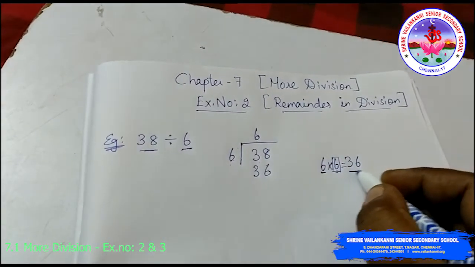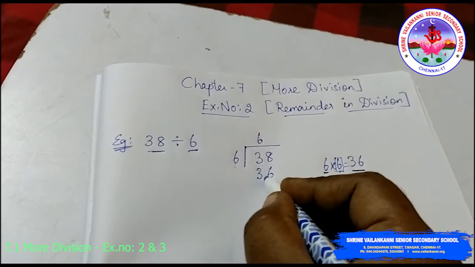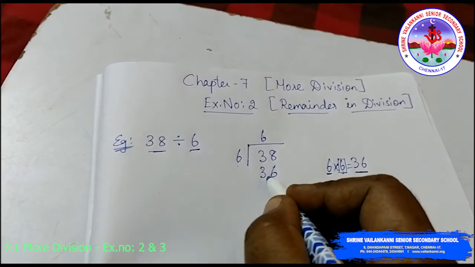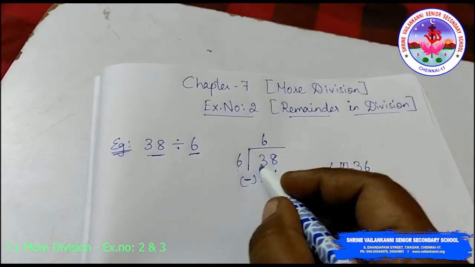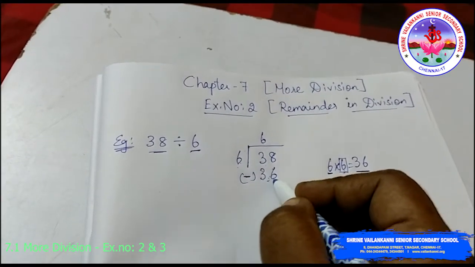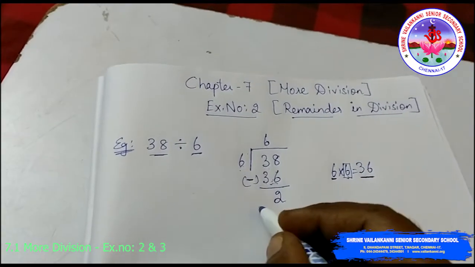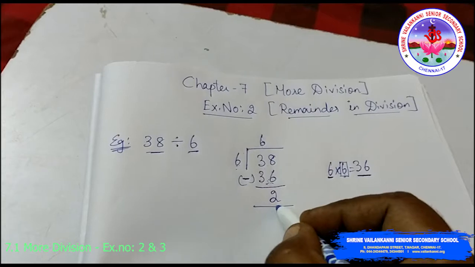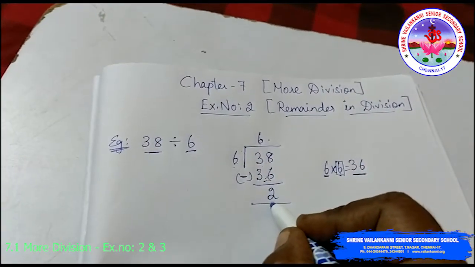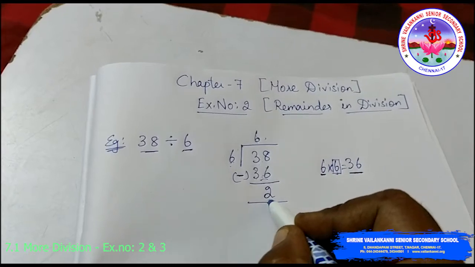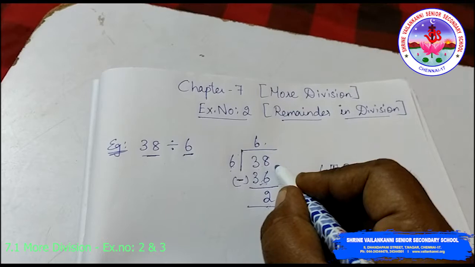Whatever value you get, you have to write below this dividend, and then subtract 38 minus 36. What do you get? 2. I am going to stop the division here because I don't have any other value after this 38.